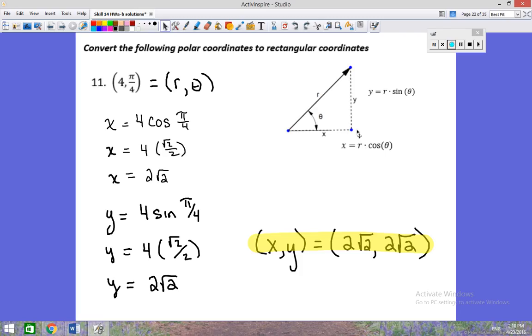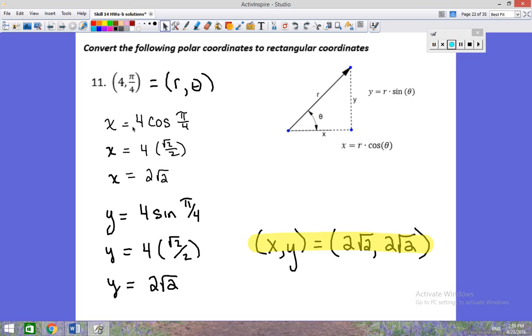You can construct a right triangle here, and through SOHCAHTOA you can easily illustrate that this leg is the hypotenuse times the cosine of theta, and this opposite leg is the hypotenuse times the sine of theta.